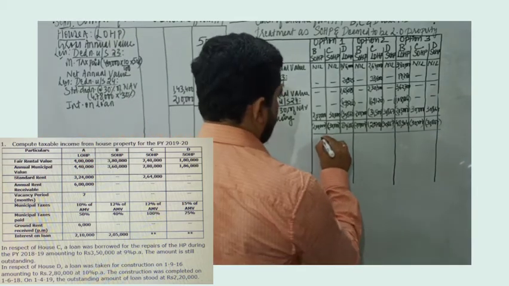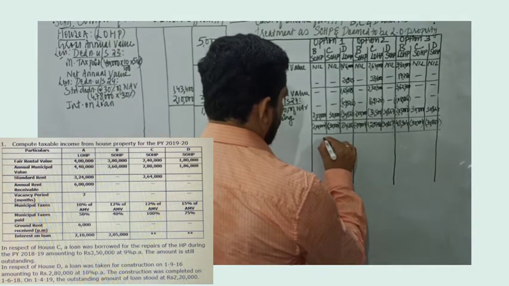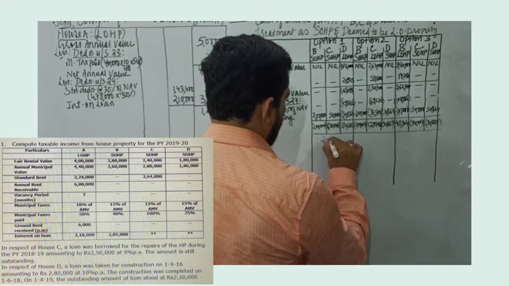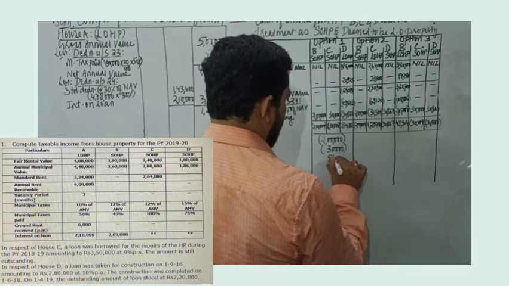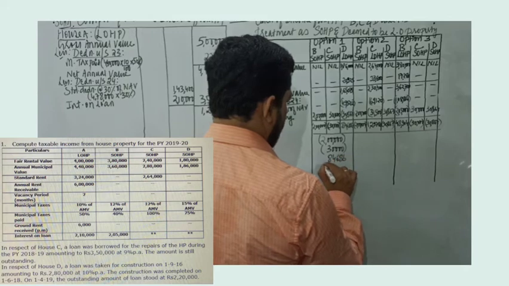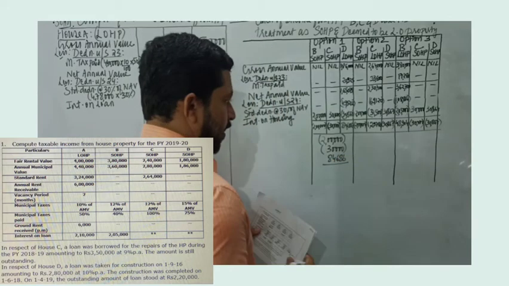So, this is minus 2 lakh, minus 2 lakh, minus 30,000 and plus 84,686. So how much value do we get?